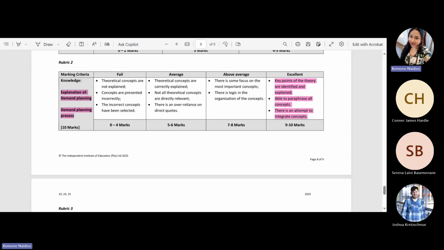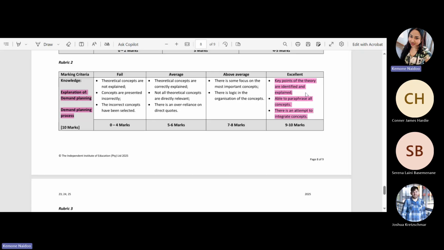Give a nice full explanation of demand planning. Don't rush it. Don't give a brief description. But if you have a lot of words left over to make your word count, go back and add in more theory to it. So really build up that foundational understanding of what demand planning is. Okay, use a lot of examples.